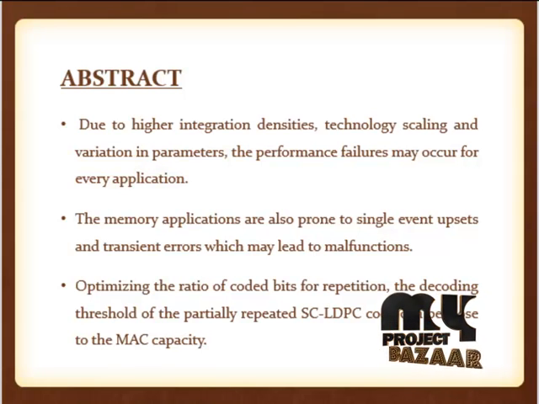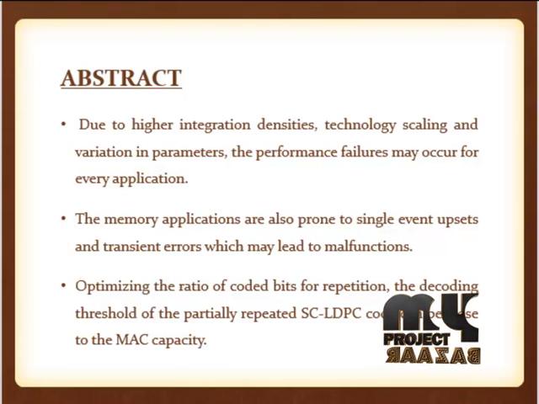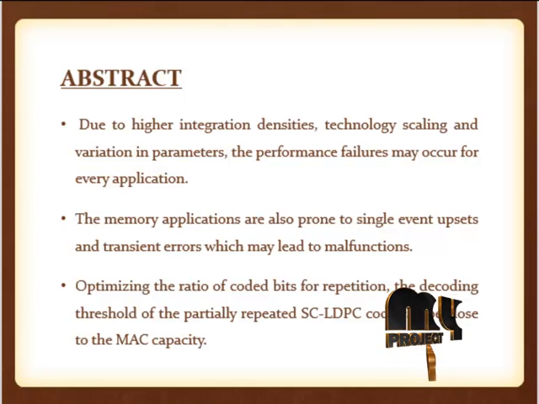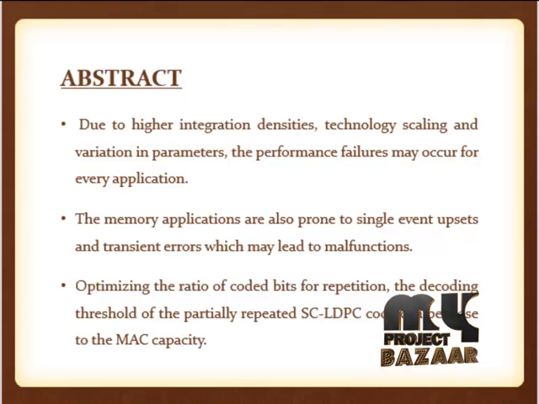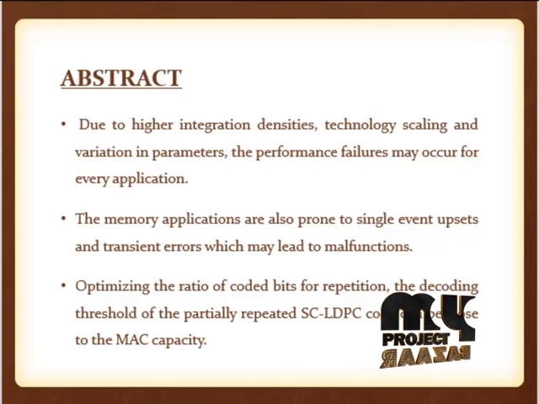A simple partially repeated coupled low density parity check code is proposed for a multiple access channel with a large number of users. This code is constructed by selecting part of the bits of the SC-LDPC code to be repeated.